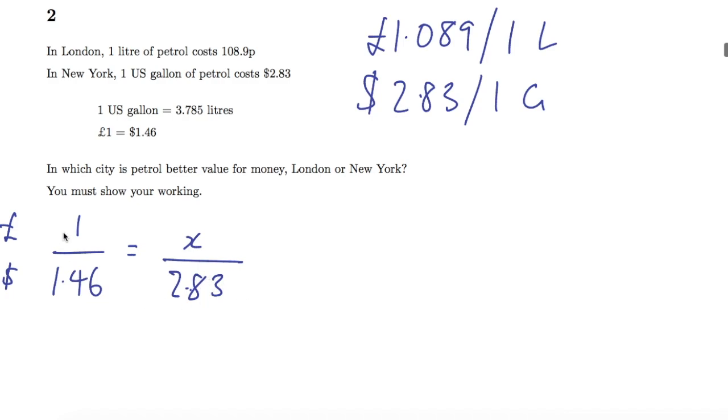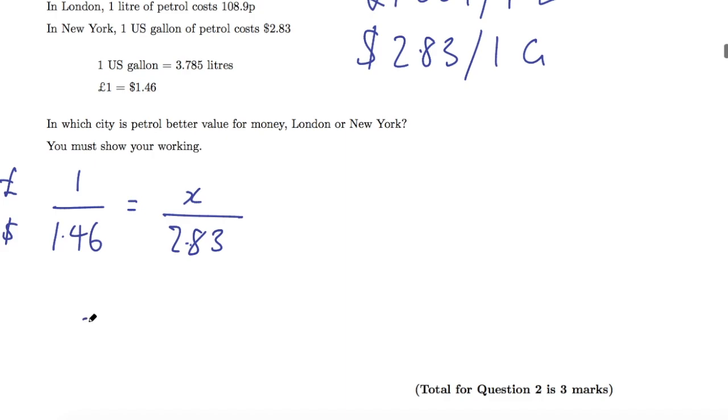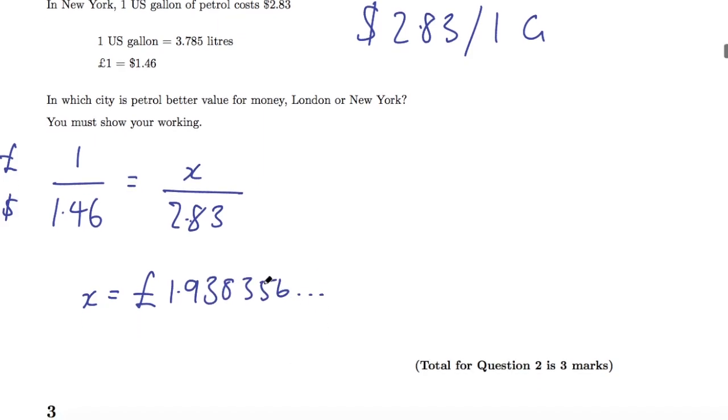So what I can do is divide 283 by 146, then I get X equal to £1.938356 etc., and I can round that off to £1 and 94 pence, and that equals $2.83.